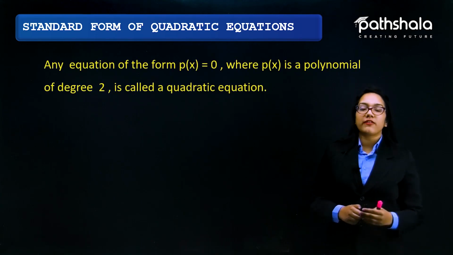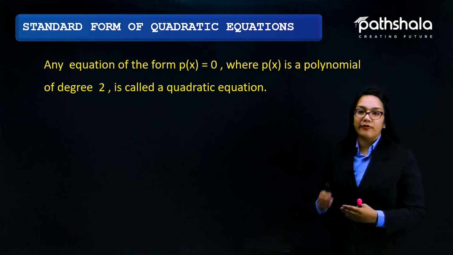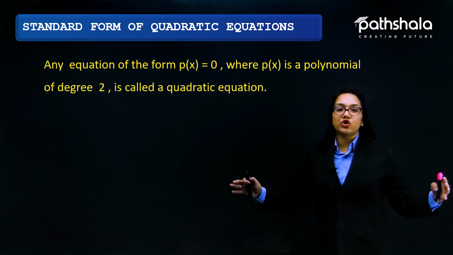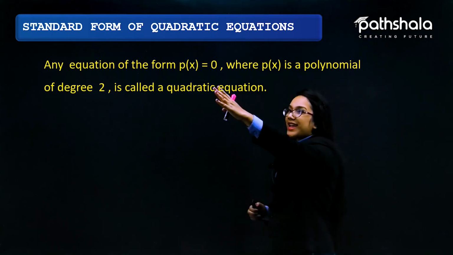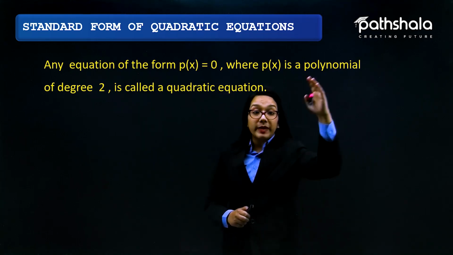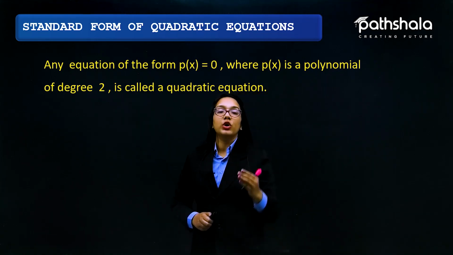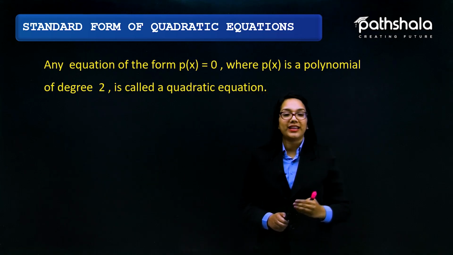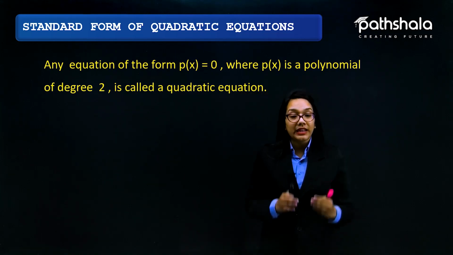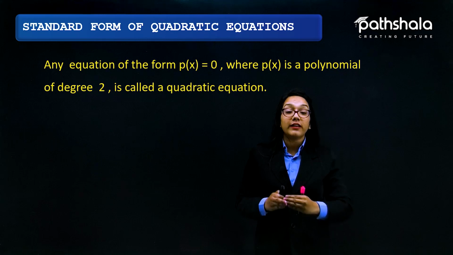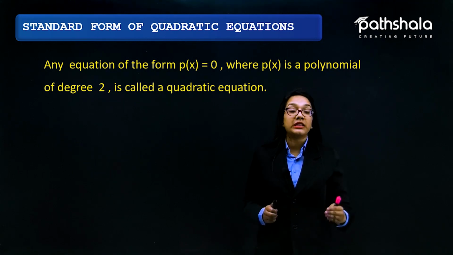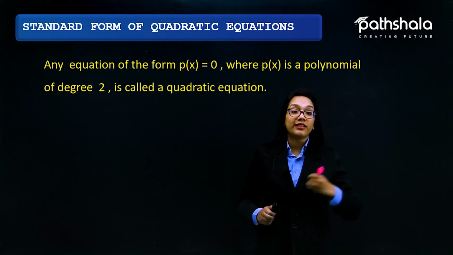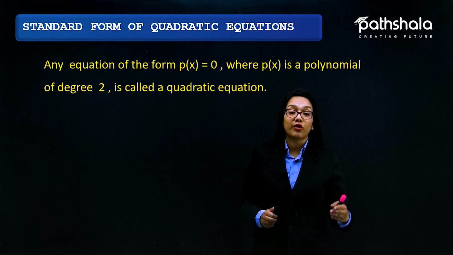Any equation of the form px is equal to 0, where px is a polynomial of degree 2, is called a quadratic equation. And in the quadratic equation, if we arrange the terms in descending order of their degree.